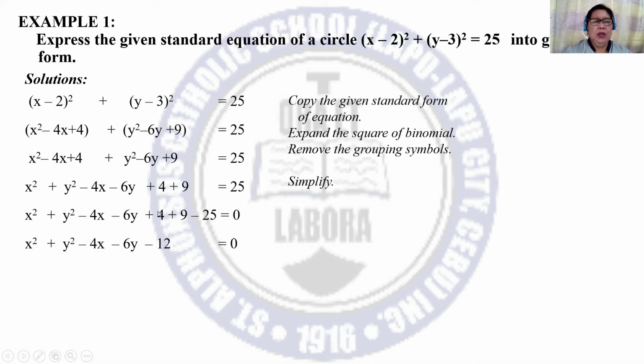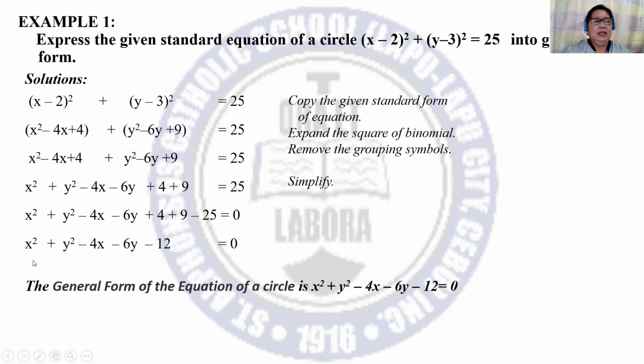Combine 4, 9, and negative 25, so what we have is negative 12. And the general form of the equation of the circle is x squared plus y squared minus 4x minus 6y minus 12 is equal to 0.